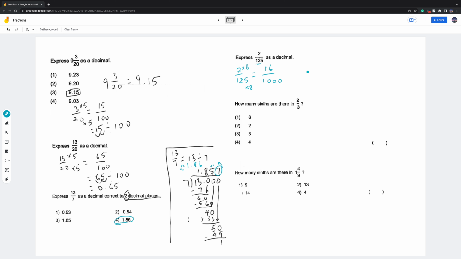Alright, so we're going to do the division now. And we don't need to do, okay, look here. It's divide 1000. Now, you don't need to do, 16 comes first, 16 is going to be inside the house, and it's going to be over 1000. No, you don't need to do this. Because we are dividing by 1000, we can just shift the decimal places.